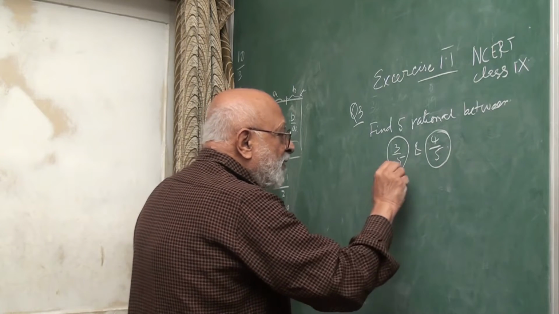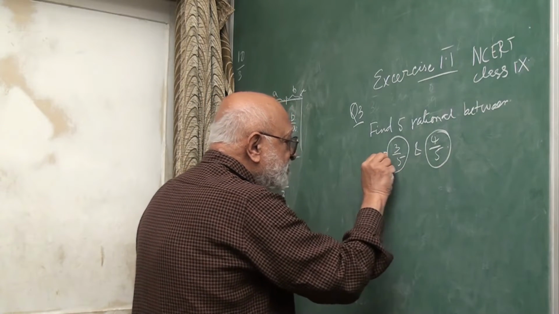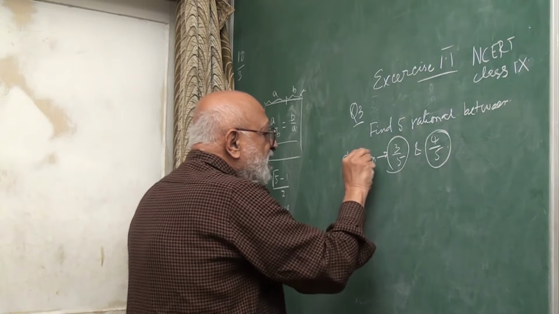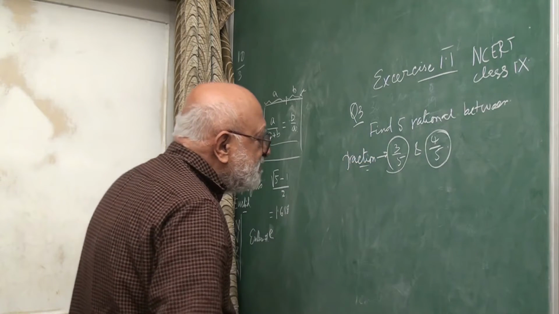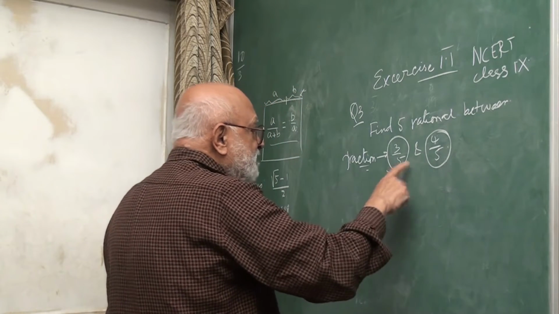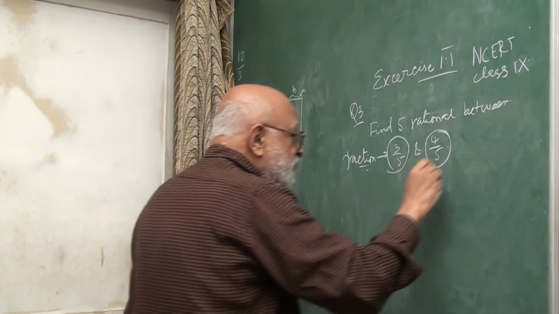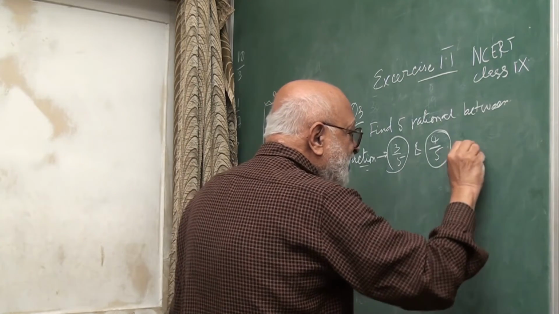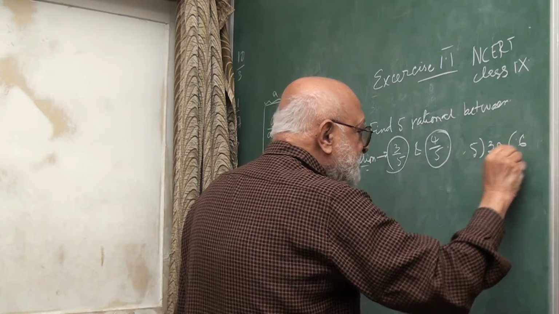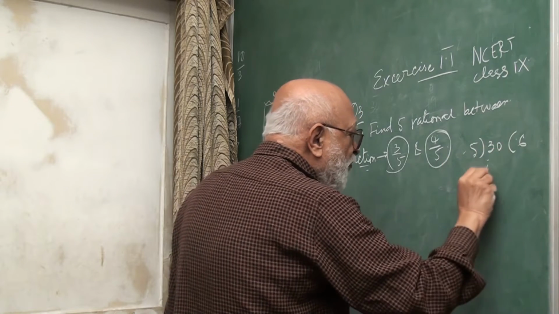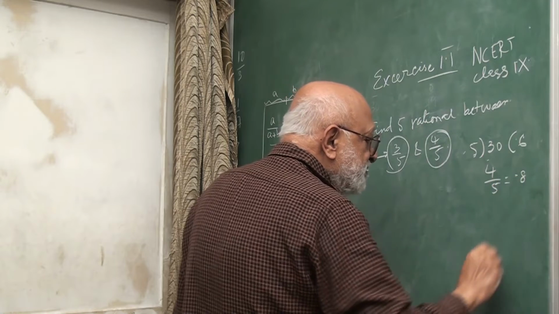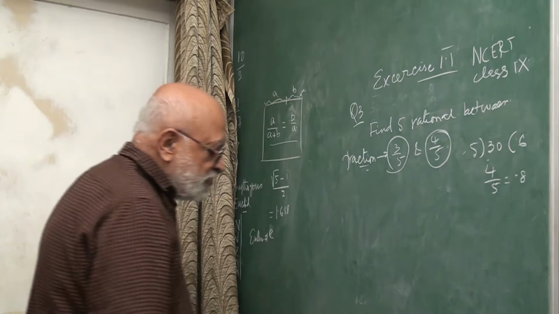Whenever you see a fraction which is definitive, you can see that the decimal expansion will terminate. So 3 by 5 will be 0.6 and 4 by 5 will be 0.8.